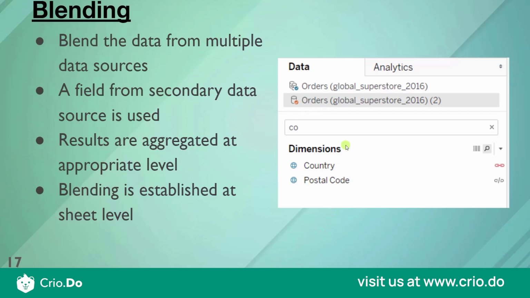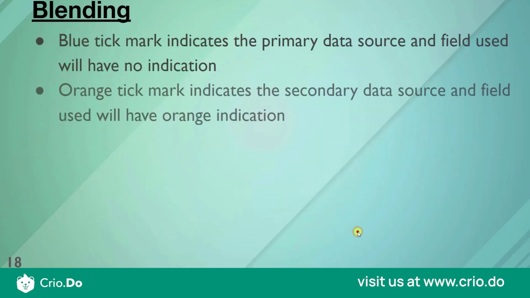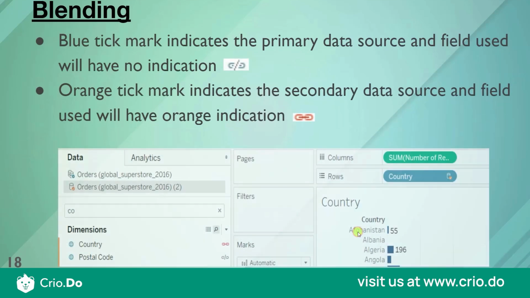If you see here in this image, we are actually blending upon the orders table. I just take it as a reference value. If you see here, the first one is coming with a blue mark, and the second one is the orange table. And if you see here, the secondary data source will have linking marks. We will look into that at a deeper level. A blue tick mark indicates that this is the primary data source.